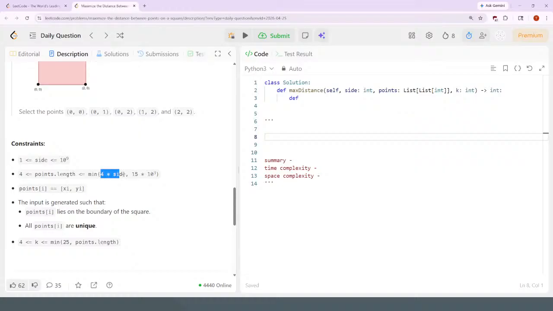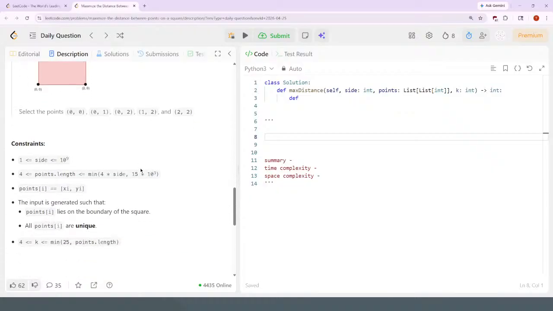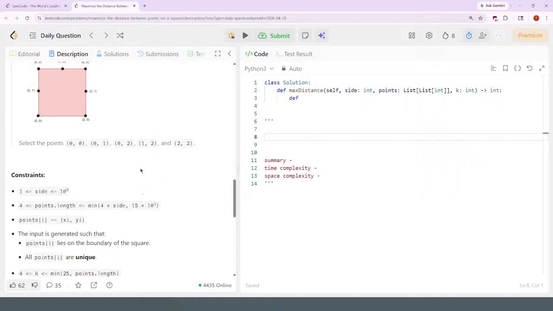So this could be a huge number, or it could be 13 times 10 to the third. 15 times 10 to the third is 15,000. So 15,000 points, all lining the boundary of a square.